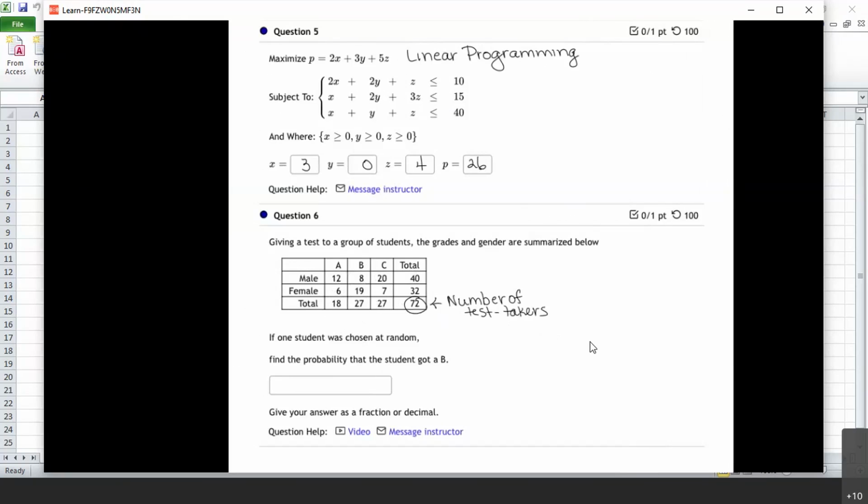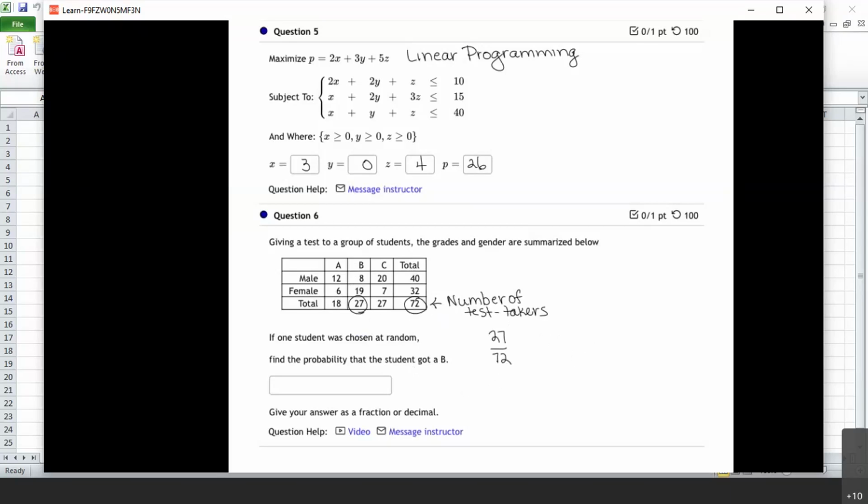If I choose a student at random from this pool, find the probability the student got a B. I already know the denominator is 72, and then I find the total number of B's, which is 27. So it's 27 over 72.